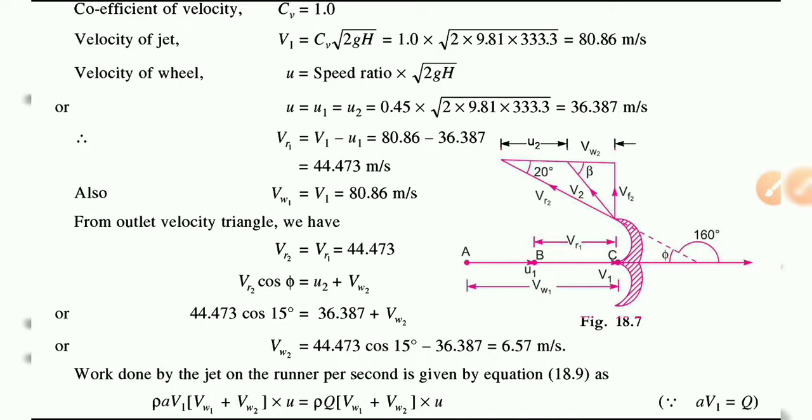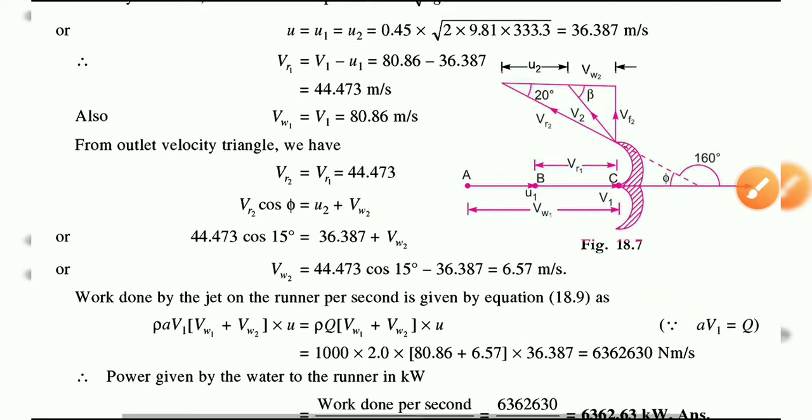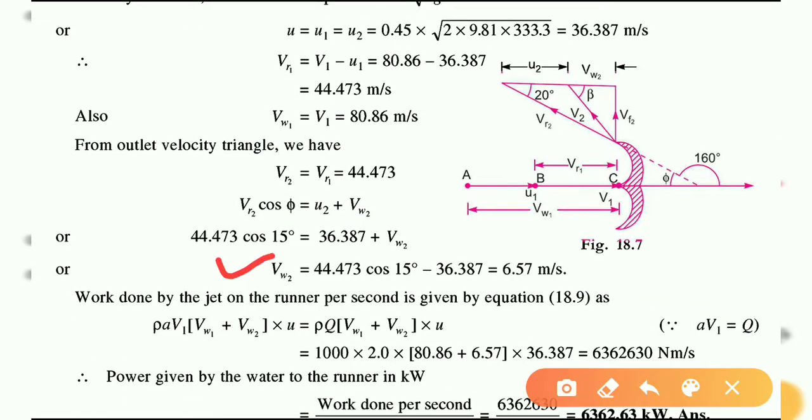Hence we can say that the relative velocity at the inlet and the relative velocity at the outlet are same. Hence Vr1 is equal to Vr2, which is equal to 44.473. Hence if we put this value into this Vw2 equation, we will get Vr2 cos phi minus U2. U2 has the same value as U1, which is equal to this 36.387. Hence we can calculate this Vw2 as 6.757 meter per second.